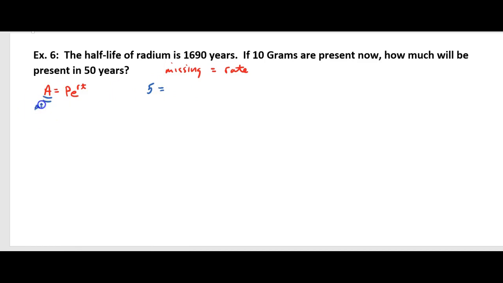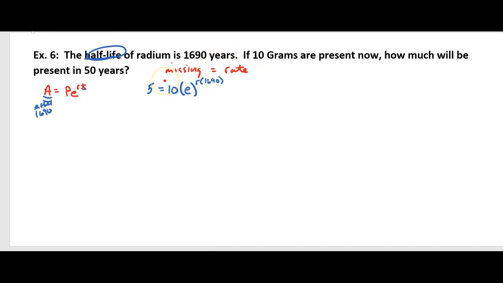Well, if it's half-life, what's half of 10? 5. What did I start with? 10 times e to the, do I know the rate? No. But how many years did it take for these 10 grams to go down to 5? It took 1,690 years. Well, I only have one variable left to solve for in this equation, and that is r.